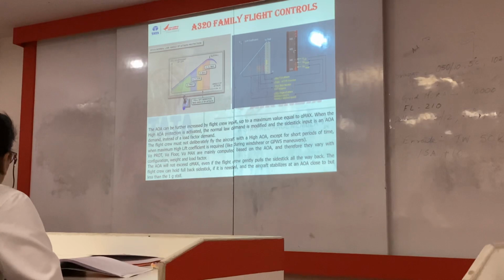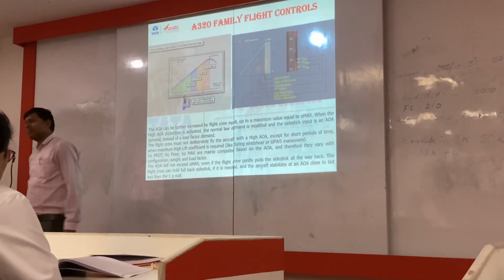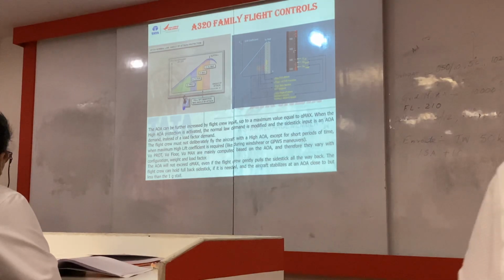Can we reach up to alpha CL max? Normally, if alpha floor is active, we cannot go up to that, but we can go up to what level? Alpha max. Beyond alpha floor, still will keep. So the speed is going to reduce, angle of attack is going to increase.